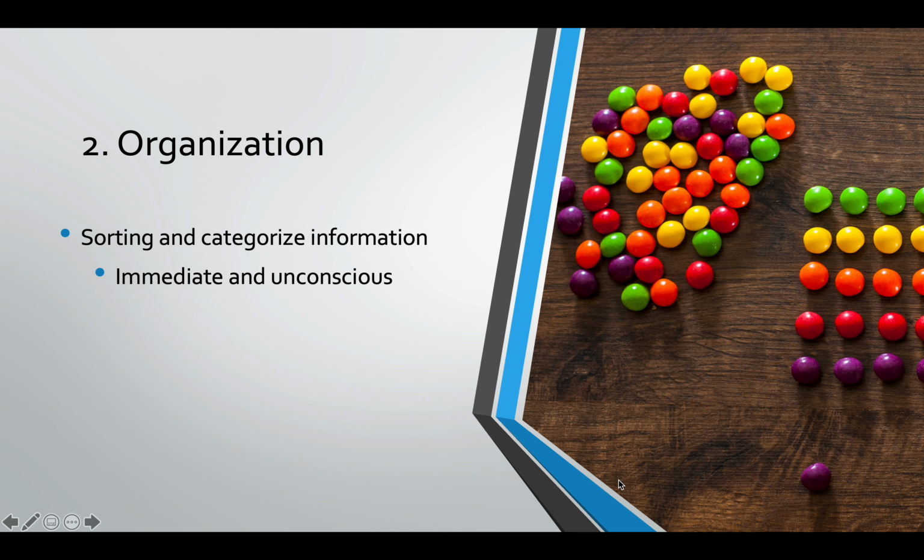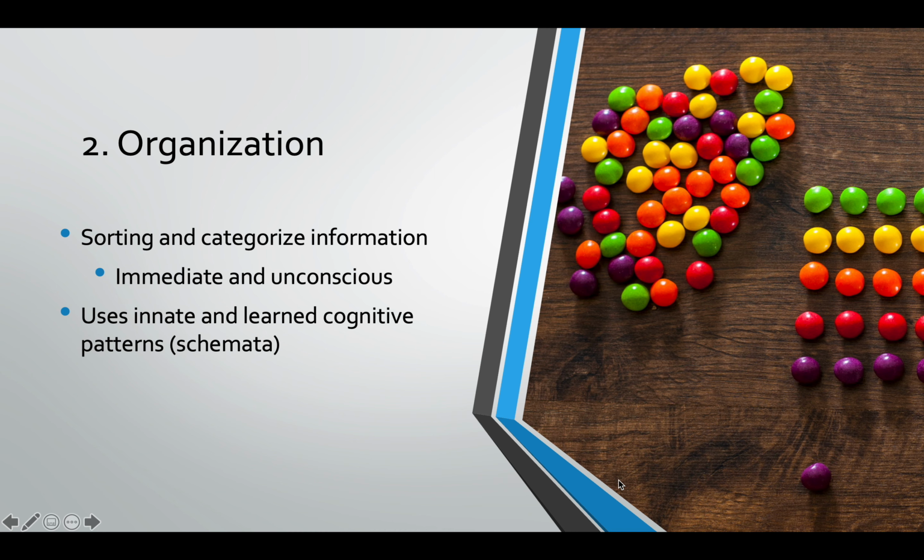Our mind's going to immediately associate certain things with pre-existing patterns that exist in our minds. And those patterns we could call schemata. Our mind is going to use some innate schemata, that is to say that we're born with some ability to organize information as babies.